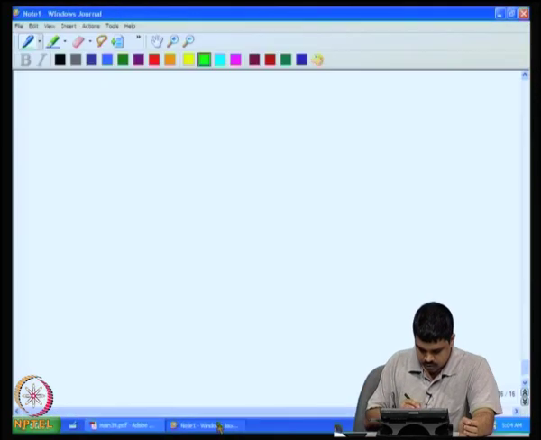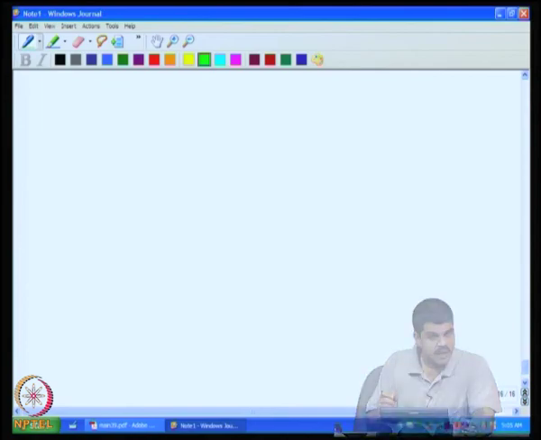To see this, suppose you are given an edge maximal graph without a K4 minor. Now, can it be a complete graph? No, if it is a complete graph, it has to be K3 only, because only 3 vertices should be there, and then definitely it does not have a K4 minor.